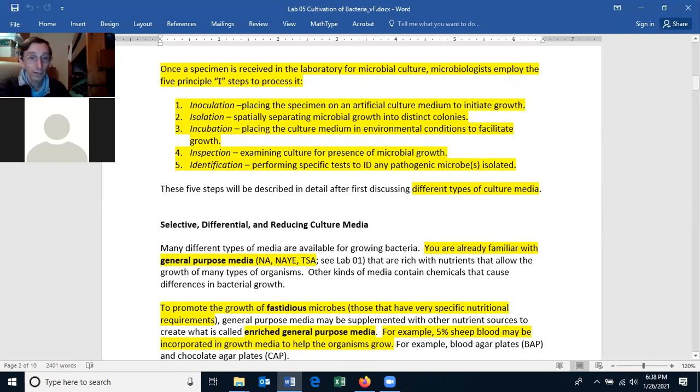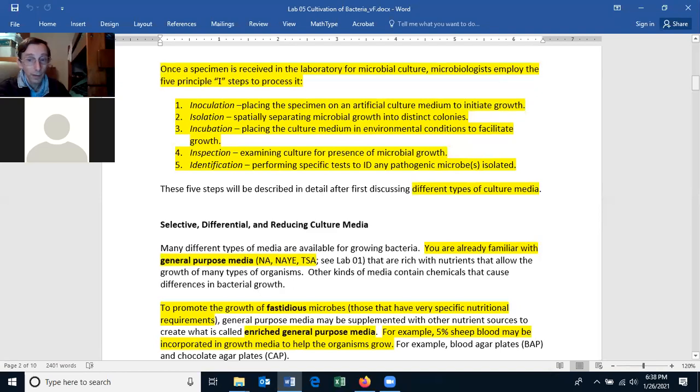And 4. Inspection, examining the culture for the presence of microbial growth. And then lastly, identification, performing specific tests to identify any pathogenic microbes that have been isolated. These 5 steps will be described, and they use different types of culture media to get the work done.